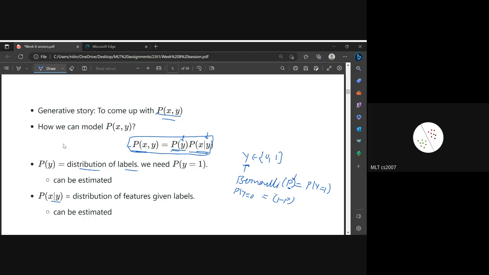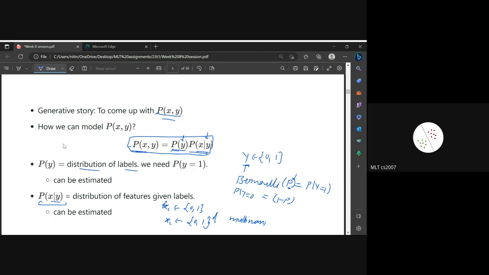Similarly, this distribution can also be found, because these xi's are coming from {0,1} in the d-dimensional space, right? You can think of this as a multinomial distribution where each feature takes value 0 or 1.